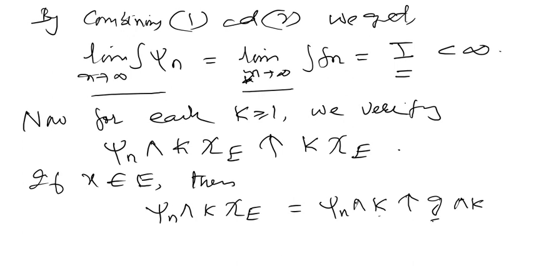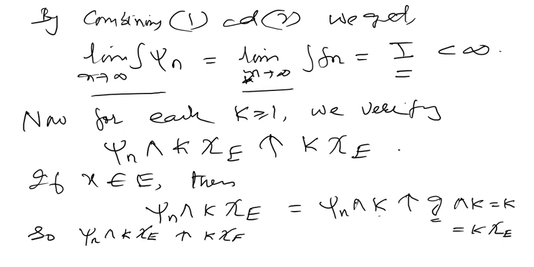So this value is infinity, and the meet is k actually. This limit is k, and k is the same as k times chi E because x is in E. So psi n meet k times chi E increases to k times chi E in this case, if x is in E.